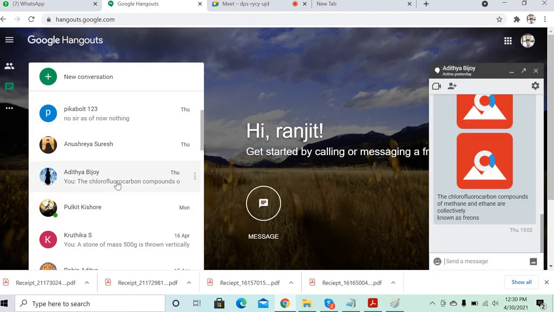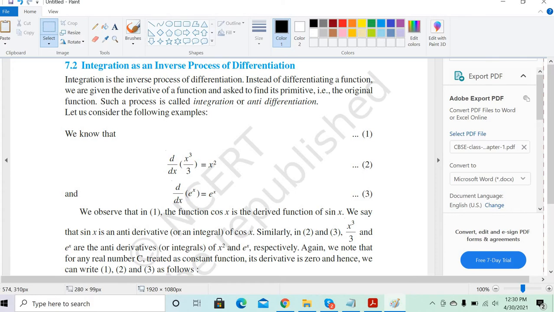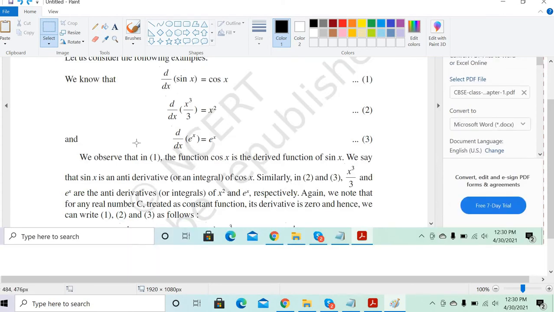And what is d by dx of e power x? E power x only. Exactly.